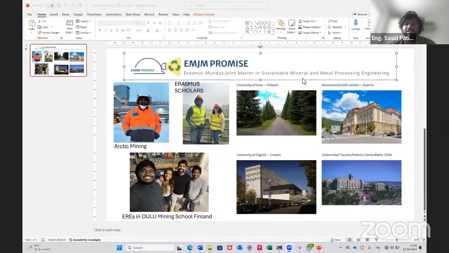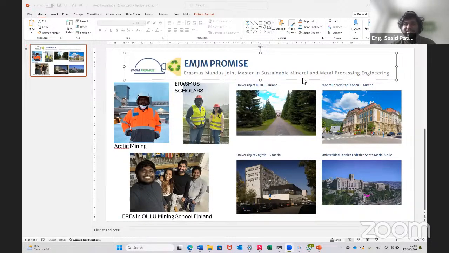I did my research project in mineral processing in the department, and I also had a good mineral processing internship training at the Bogala mines. Then I graduated, got good grades, and with a few publications, I could secure this wonderful opportunity to learn in four European universities, specializing in sustainable mineral and metal processing engineering.